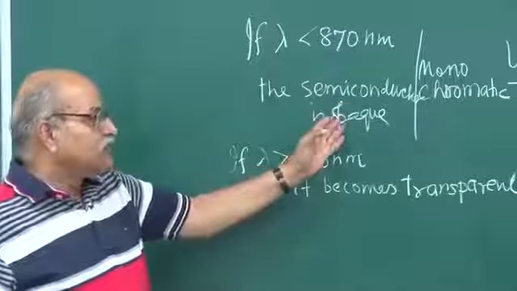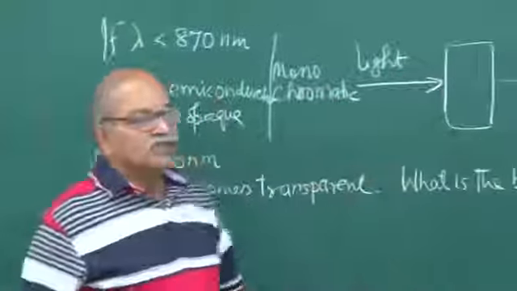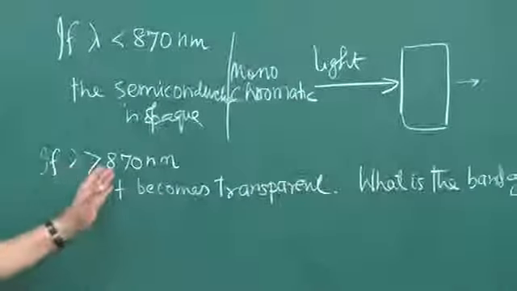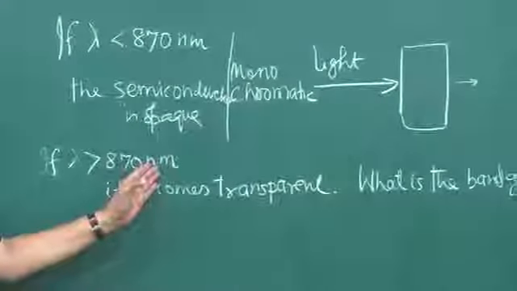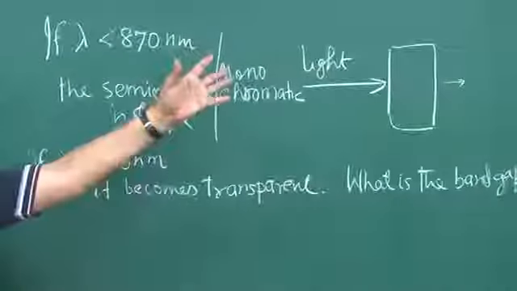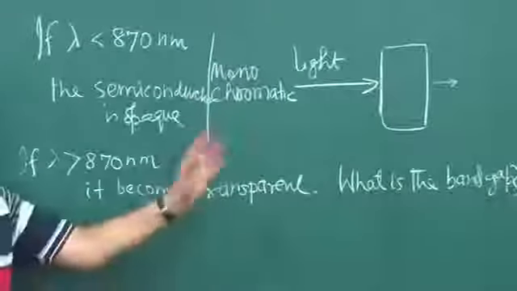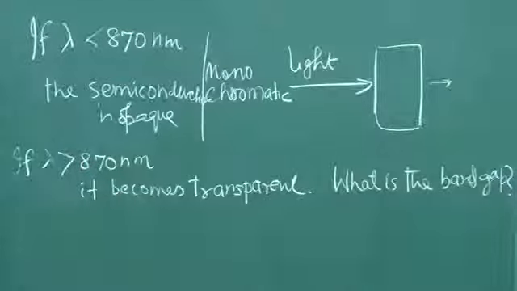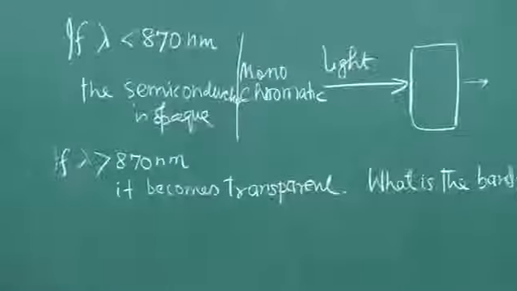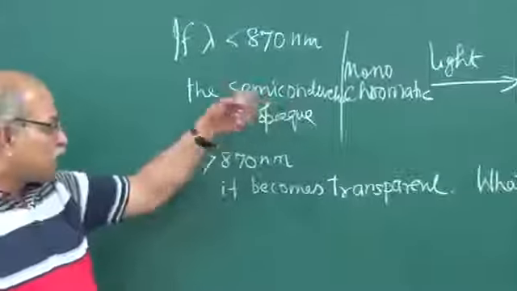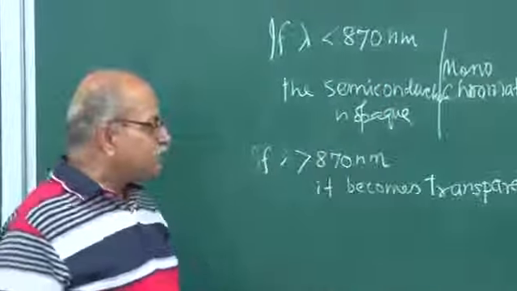It is opaque, the light is not coming out. But when lambda is more than 870 nanometers, then a lot of light is coming out, the absorption is very small, and it looks as if it is transparent. And then what is the band gap? So, what is the relation of this absorption and the band gap?